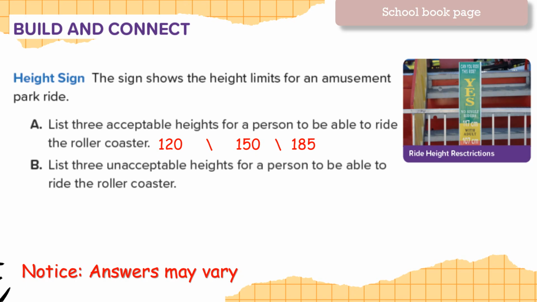Of course, any number greater than 107 is correct. In B, we want to list 3 unacceptable heights for a person to be able to ride the roller coaster. So we must write 3 numbers smaller than 107, such as 105, 95, 102. Of course, any number smaller than 107 is also unacceptable, so it will be correct.